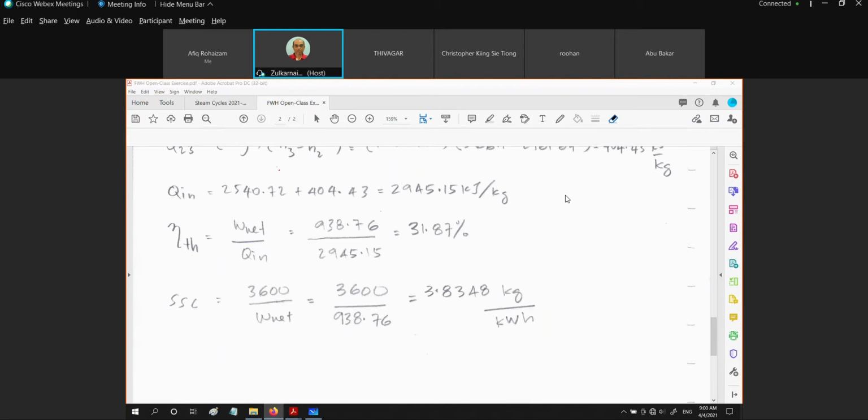Okay, attachment, file. This one, 2423 material. Steam cycle. The file is the feed water heater open class exercise. Okay, this one.